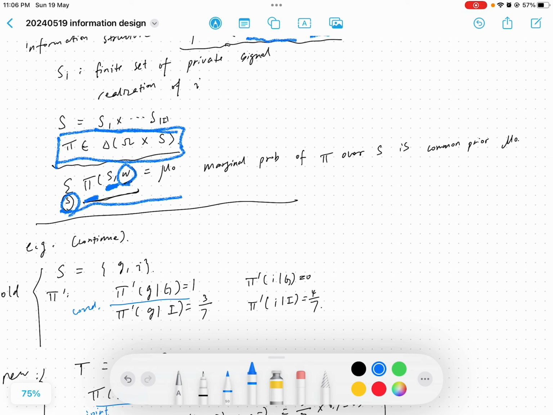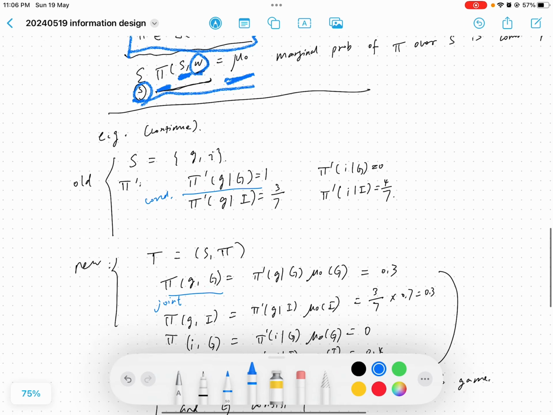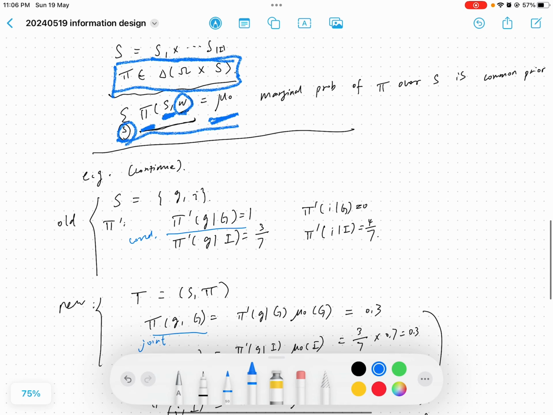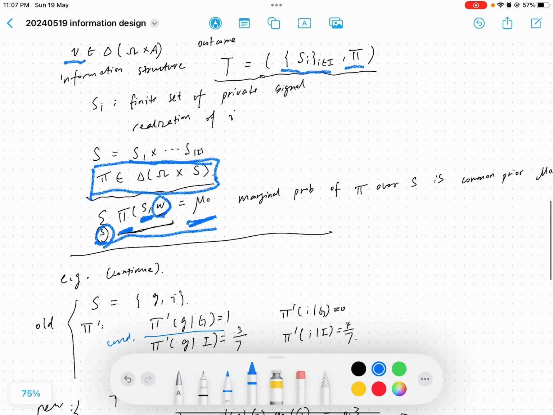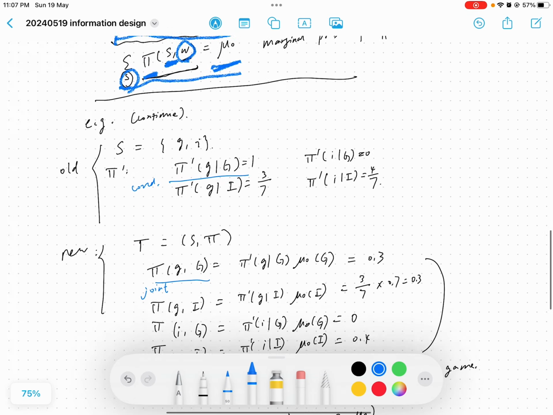Then of course the probability of omega from the ex ante perspective is mu naught. That's part of the definition of this new way to define the information structure.